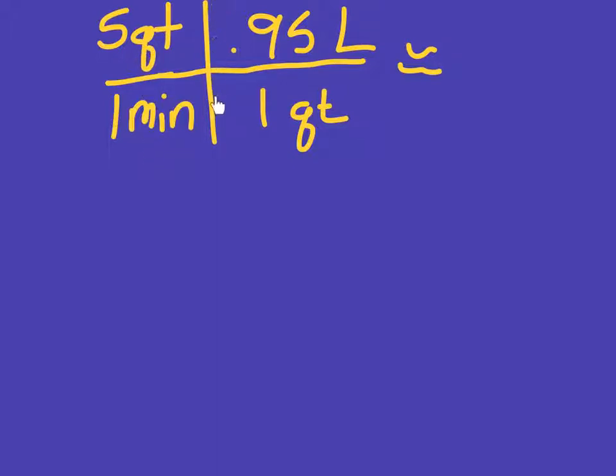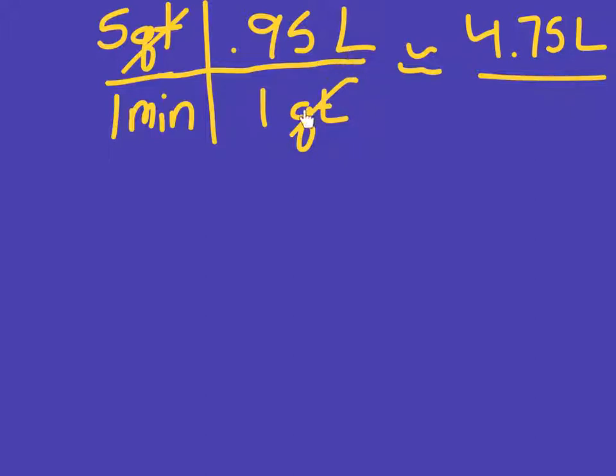So I set up a conversion factor already. That conversion factor is 1 quart is equal to 0.95 liters. I want the quarts to go away, so I put them diagonal from each other so they'll cancel out, and I have the liters on top. Okay, what I'm going to do is then just multiply across. 5 times 0.95 is 4.75 liters, because my quarts cancel out, leaving me with liters on top.